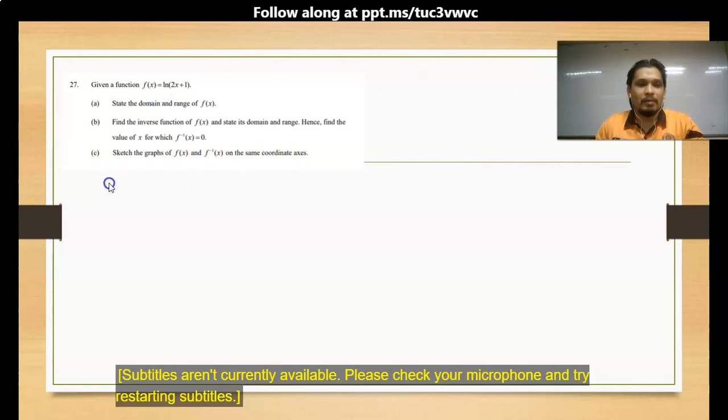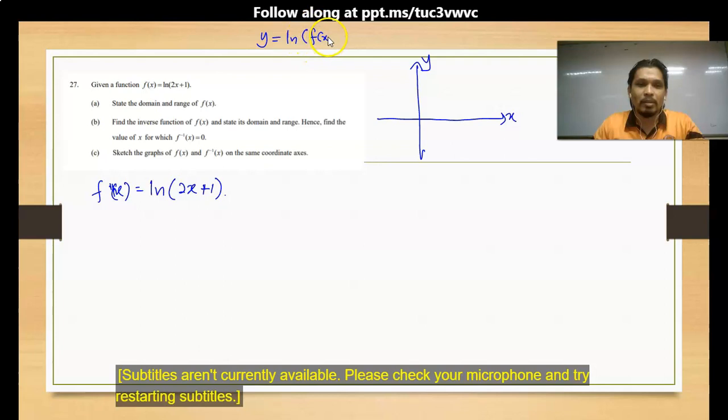Okay, now given a function f(x) equal to natural log of 2x plus 1, state the domain and range of the function f(x). Okay, this is our clue again. Let's say y equal to natural log of f(x).